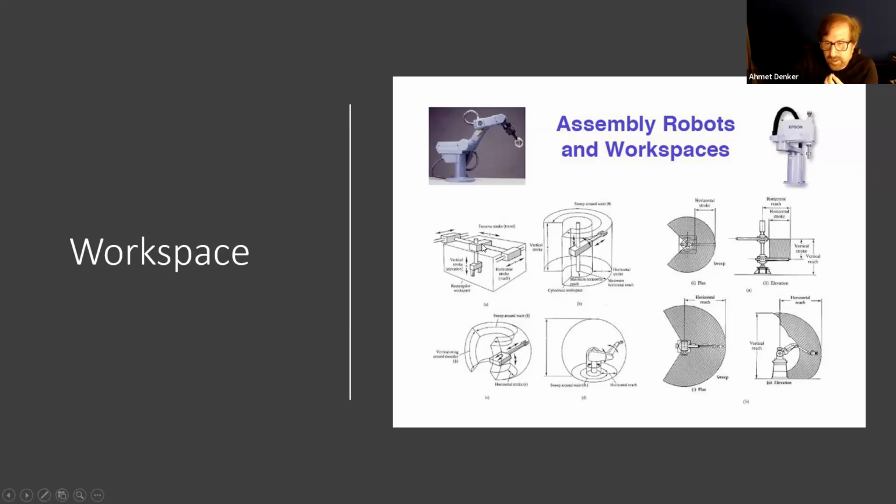So I need 3 prismatic joints for a robot to cover a rectangular workspace. So I call it a rectangular robot. So look at this.